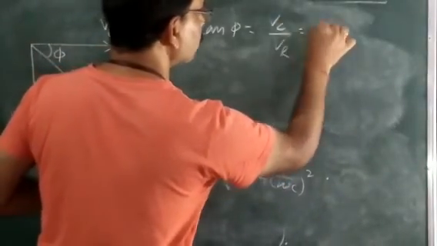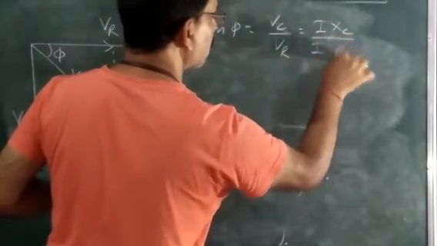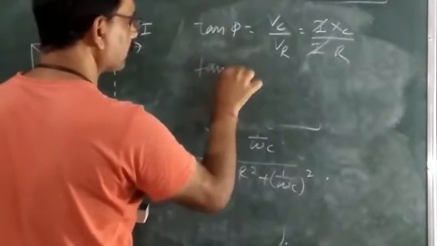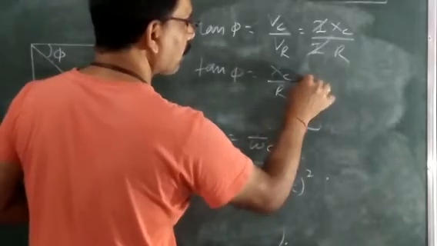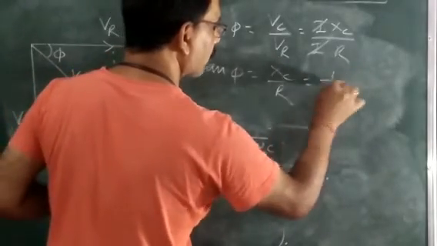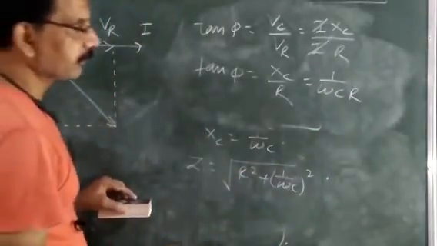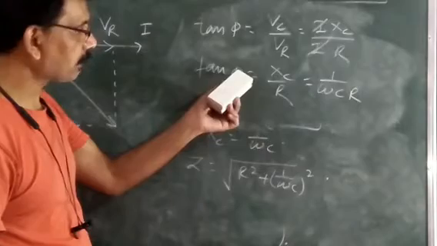In place of VC we can write I into XC upon I into R. I is cancelled by I. So tan phi is equal to XC by R. And in place of XC we can write 1 upon omega C. So tan phi is equal to 1 upon omega C into R. In this way also you can find the value of phi.